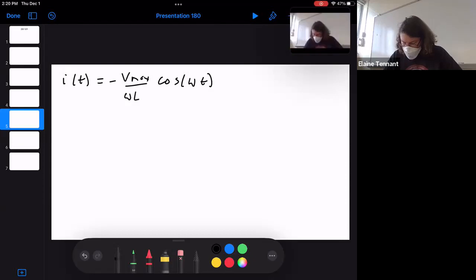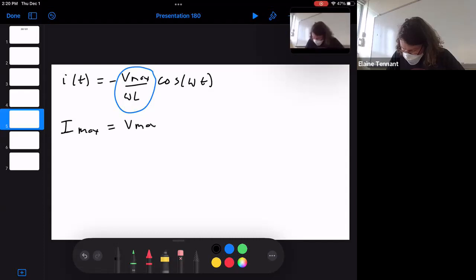Well, if this is a current, then certainly this thing out front is the amplitude of my current, right? So that means whatever the current through this circuit is, the maximum current is equal to Vmax over omega L.